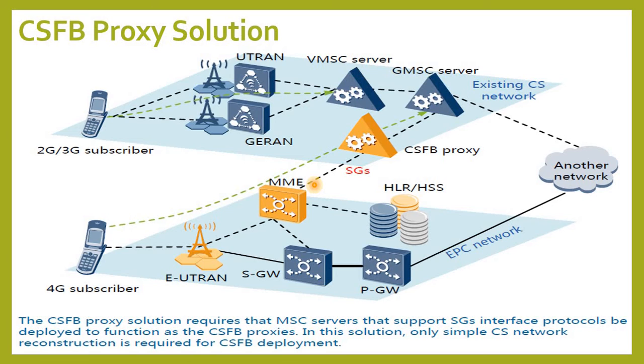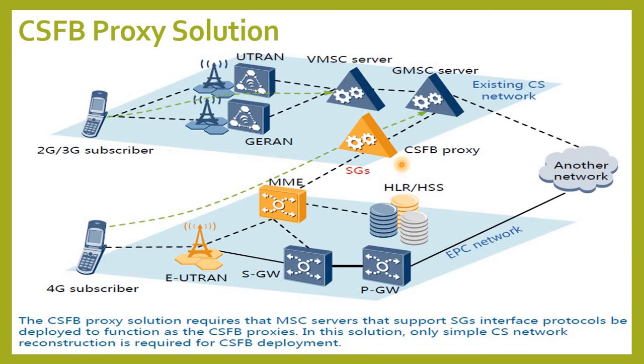The other solution that is normally used is called the CSFB proxy solution. The CSFB proxy solution requires that an MSC server that supports the SGs interface be deployed to function as the CSFB proxy. In this solution, only simple CS network reconstruction is required for CSFB deployment. What does that mean?